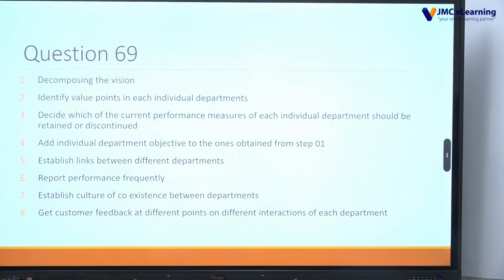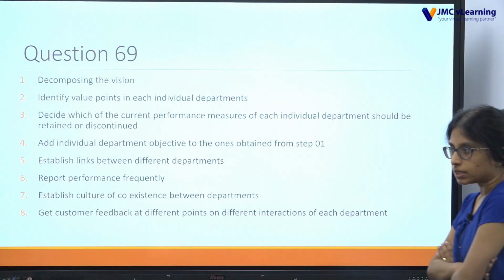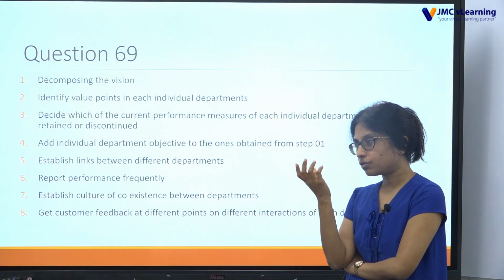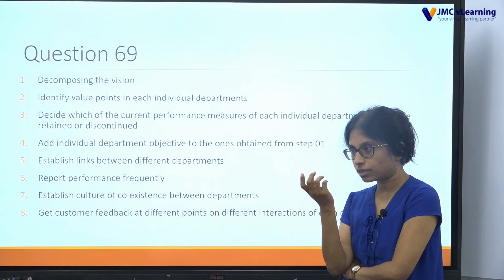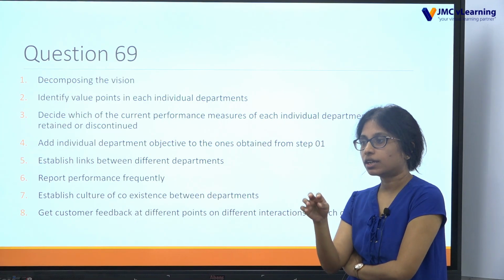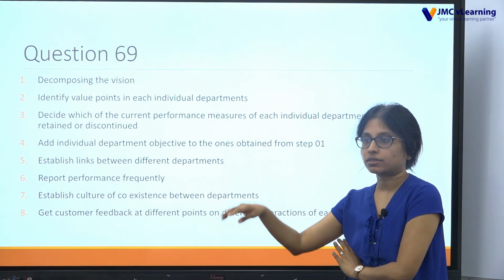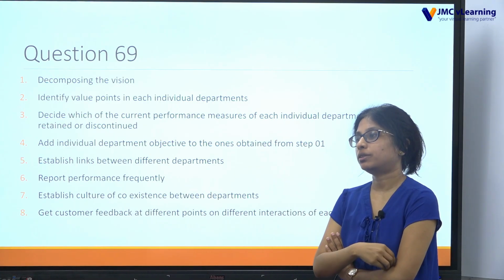Okay, see whether you understand these points. Decomposing the vision. That phrase, decomposing the vision, means you have the main vision, value creation, and you filter it down to other divisions, to the lowest level possible.